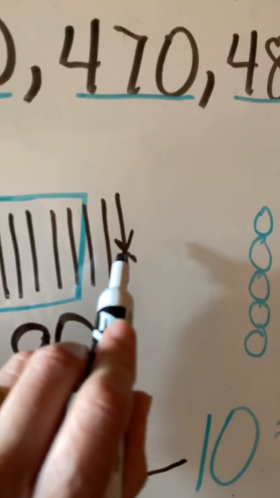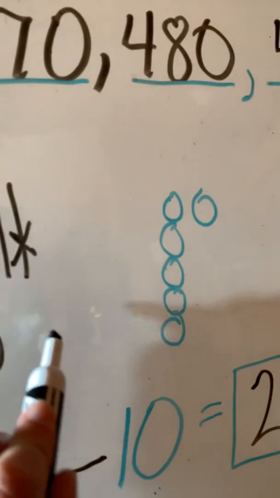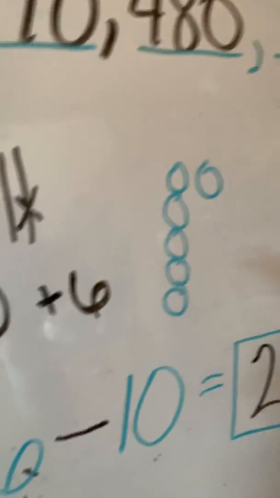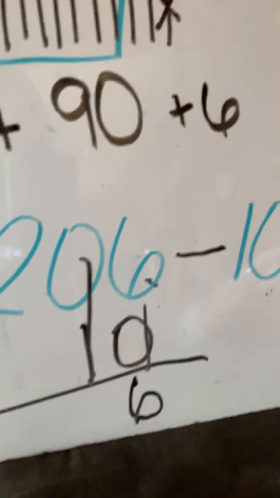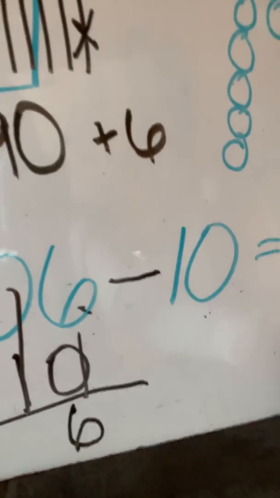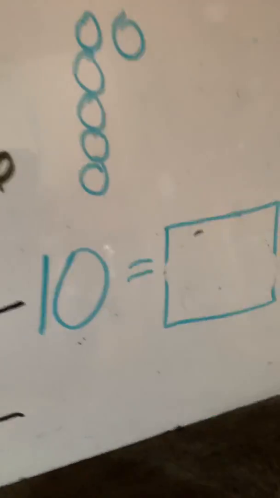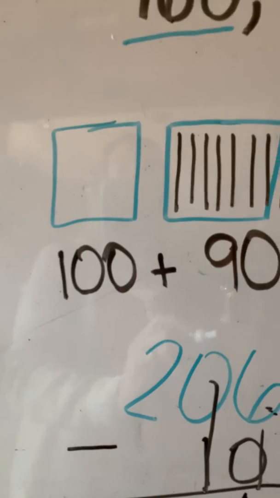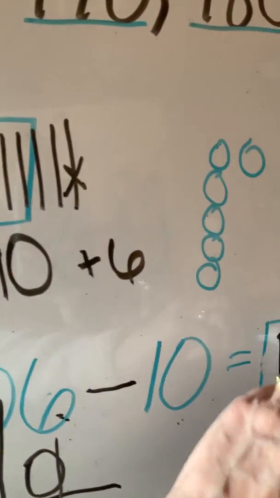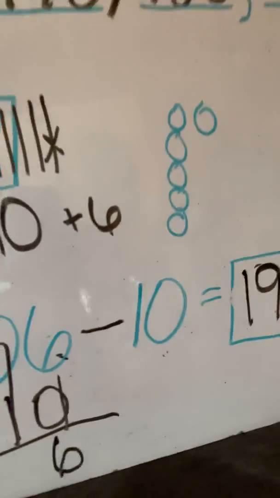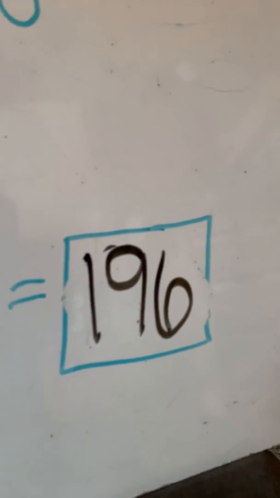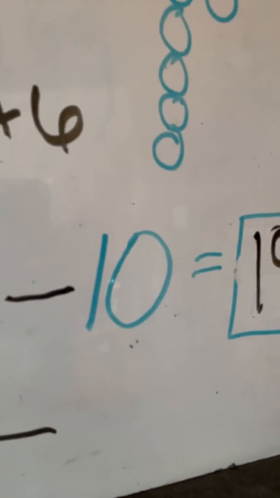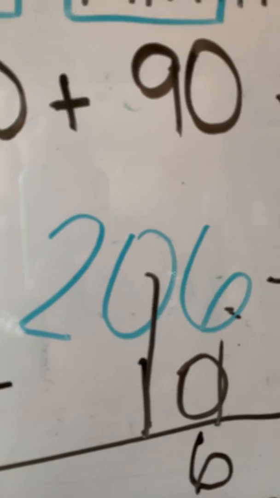We took away a 10 stick, and then we still have 6 ones. So when we subtract 10 away from 206, our new answer is 196.